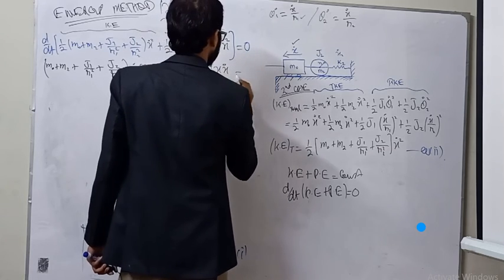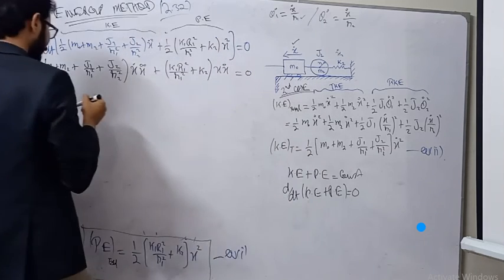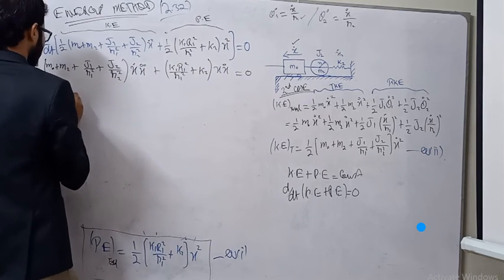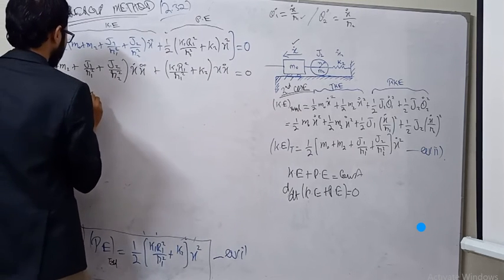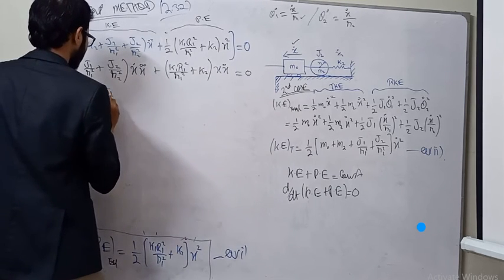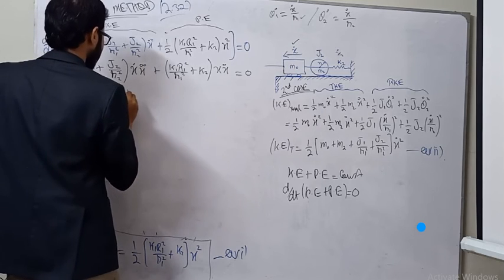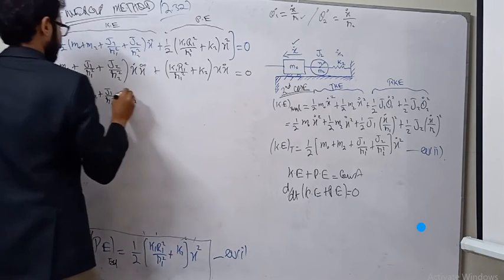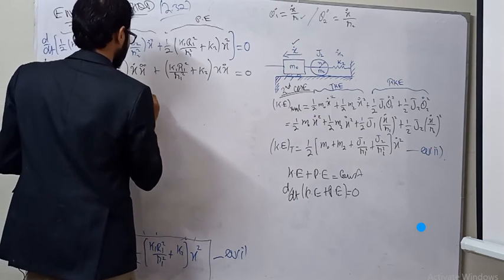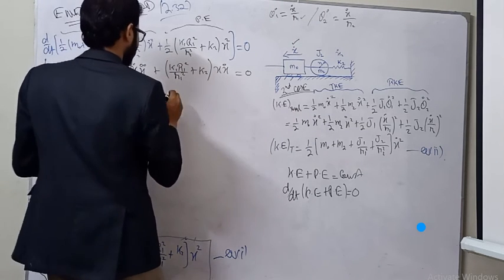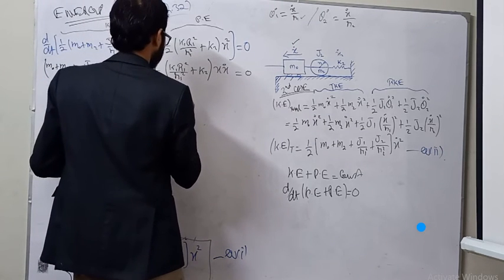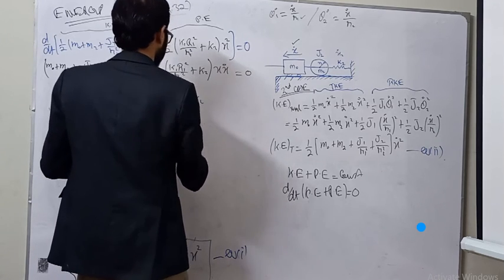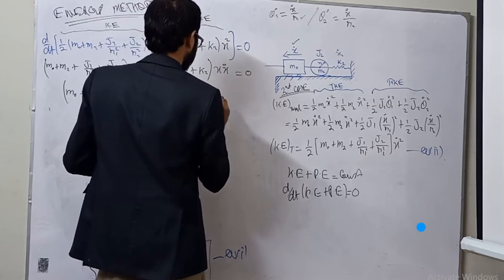This will equal 0, and after this we take the common terms: m naught plus m2 plus J1 over r1 square plus J2 over r2 square is one thing, x double dot plus K1 capital R1 square divided by small r1 square plus K2, and this is the simple x.